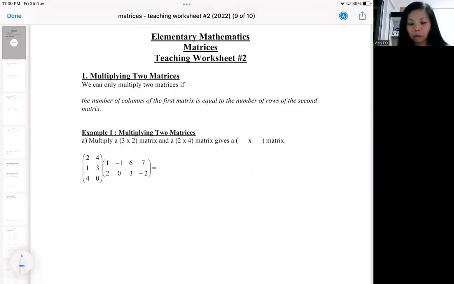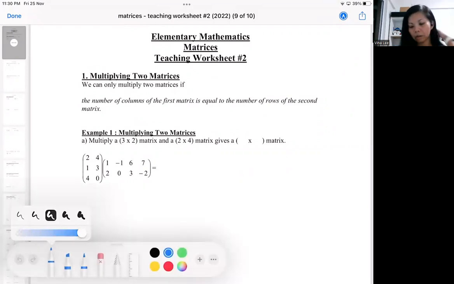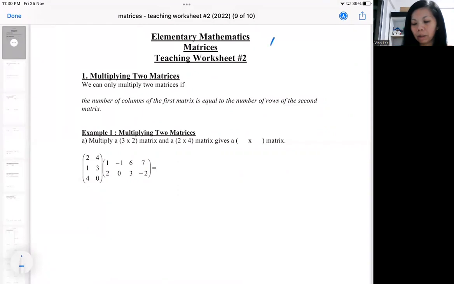When we multiply two matrices, first of all, it is not really like algebra. If I've got matrix A and matrix B, doing A times B versus B times A will be a different thing.